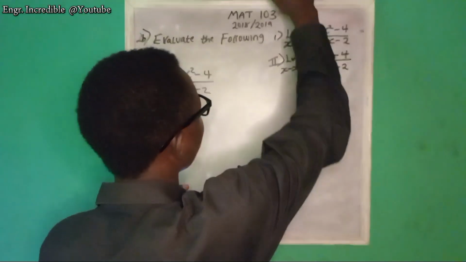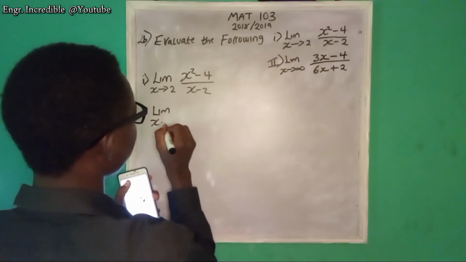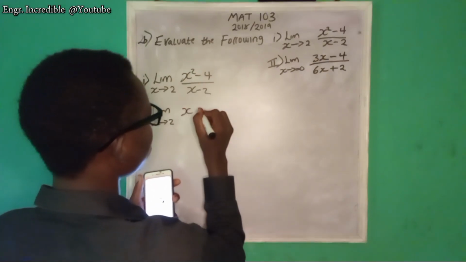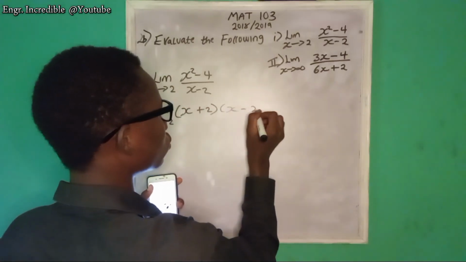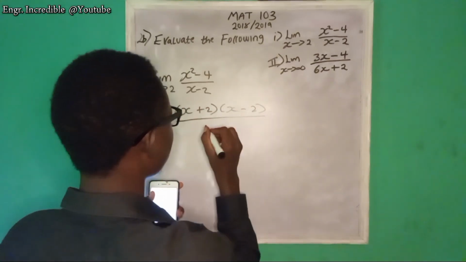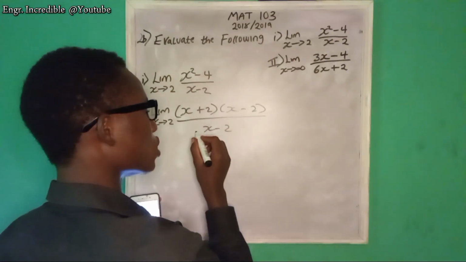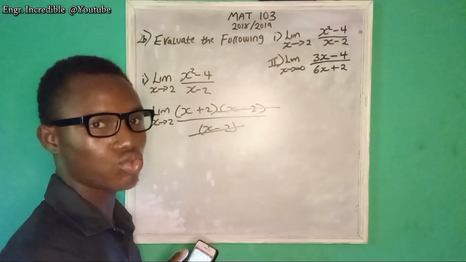We are going to have the limit where x tends to 2 of x plus 2 times x minus 2, then we close our brackets, over x minus 2. So we have x minus 2 here and x minus 2 here. That means x minus 2 here can cancel x minus 2 here.